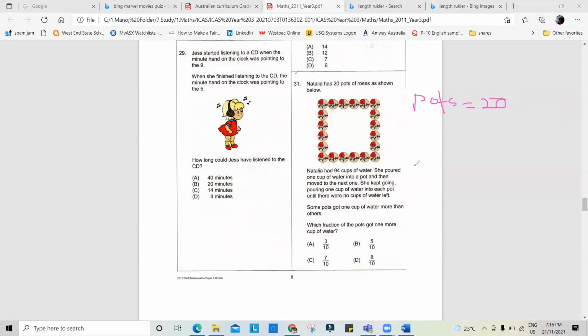Natalia had 94 cups of water. Cups, 94. And she poured 1 cup of water into a pot and then moved to the next one. She keeps going. Then some pots got 1 cup of water more than others. Which fraction? Now we are learning about.